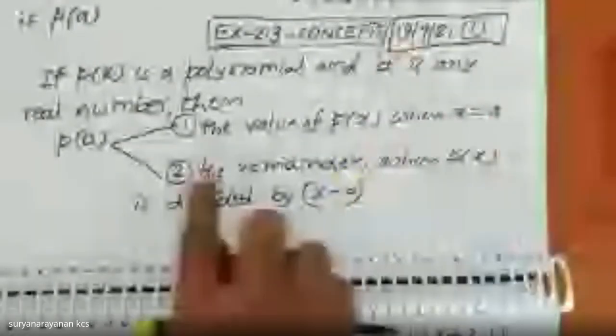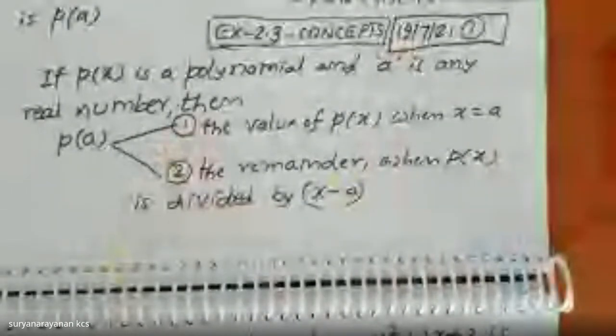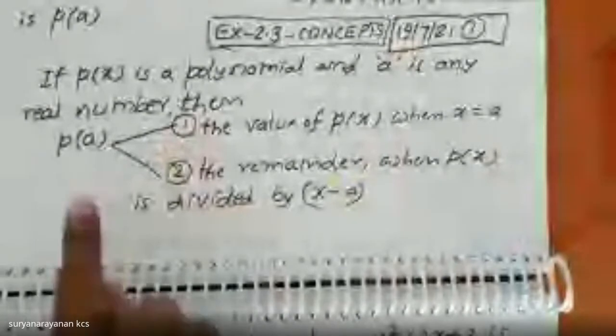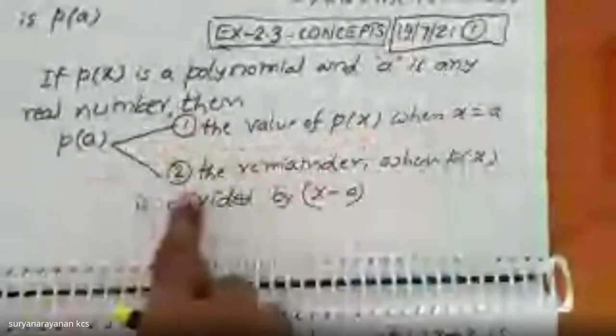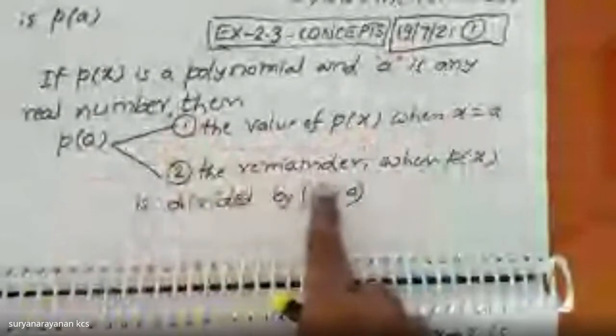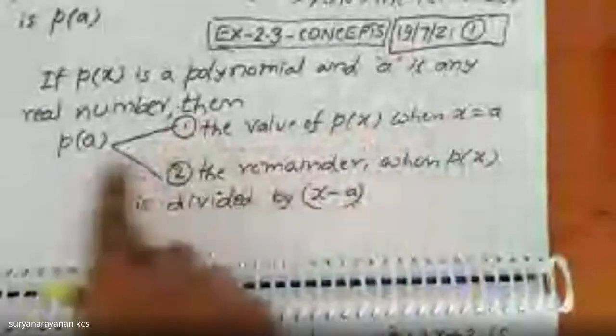You have to remember these two meanings. P of A means sometimes we take its meaning as the value of P of x when x is equal to A. Second meaning, the remainder when P of x is divided by x minus A. You have to remember these 2 points.